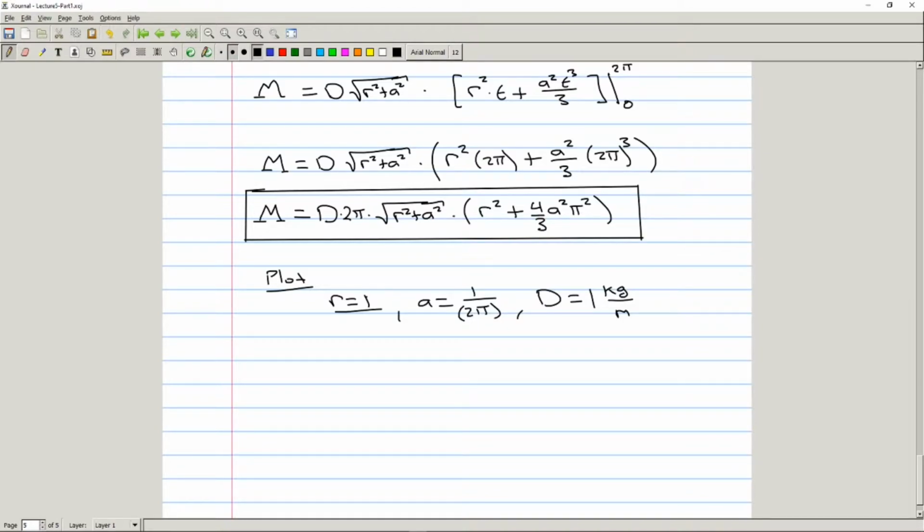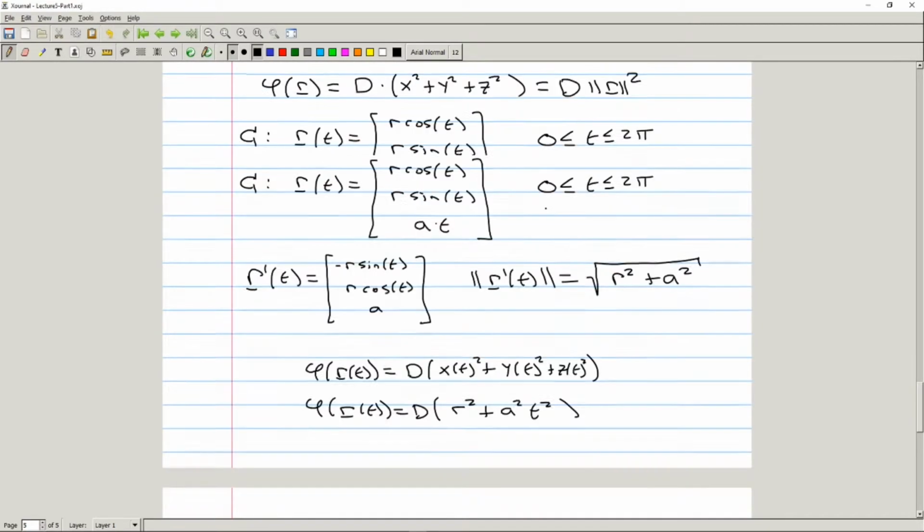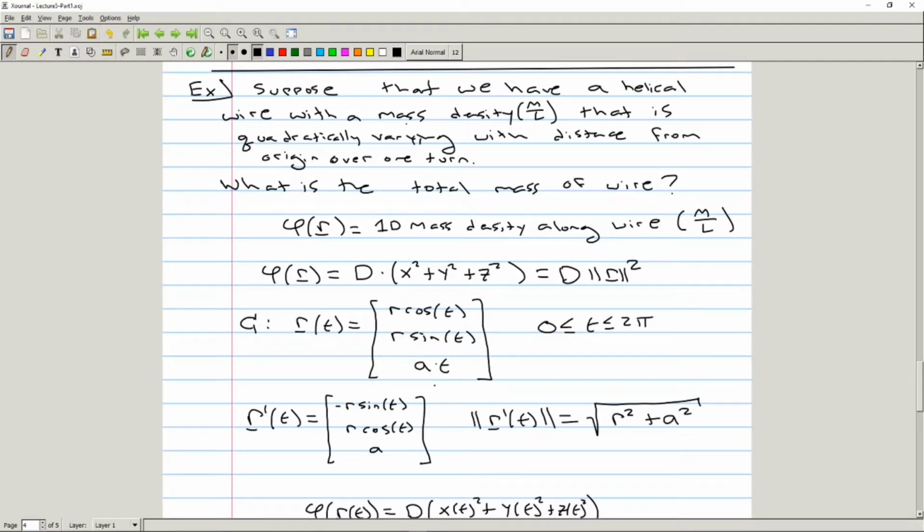And again, this is going to be measured in meters, and then A is just a constant, so that has to be units of distance. If the parameter is time along the hill, it could be angle as well, but angle is probably better.